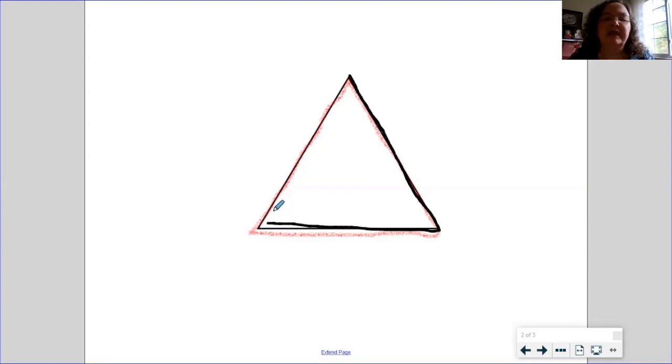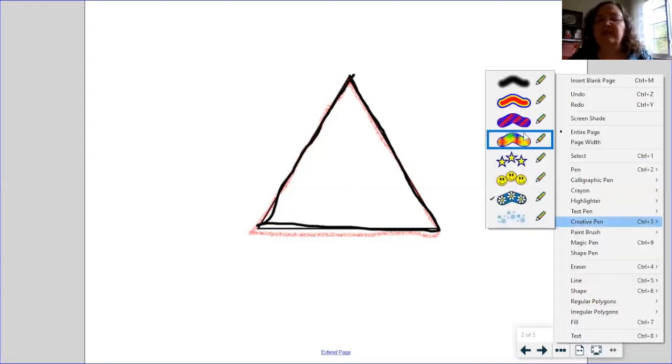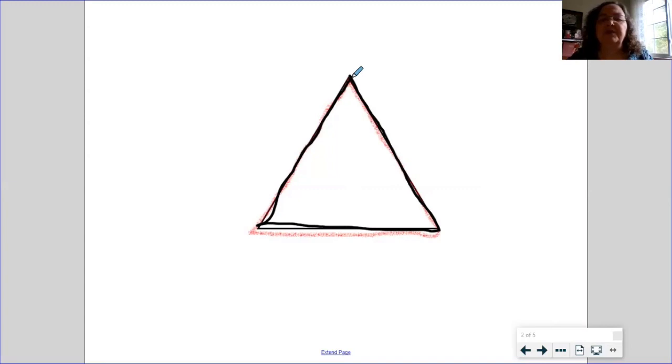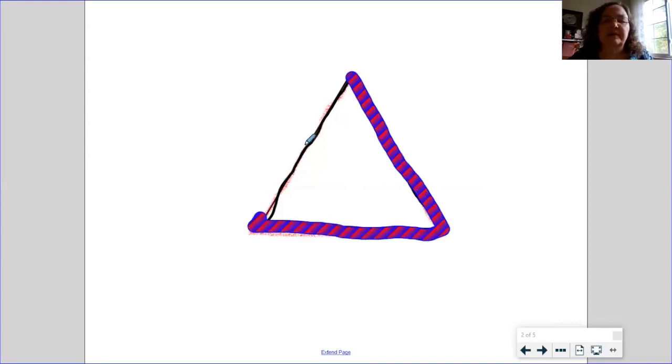I am coloring the perimeter of my triangle. I'm going to try one more fancy pen, and I'm going to do the perimeter of my triangle. So I've just colored the outside edge of my triangle.